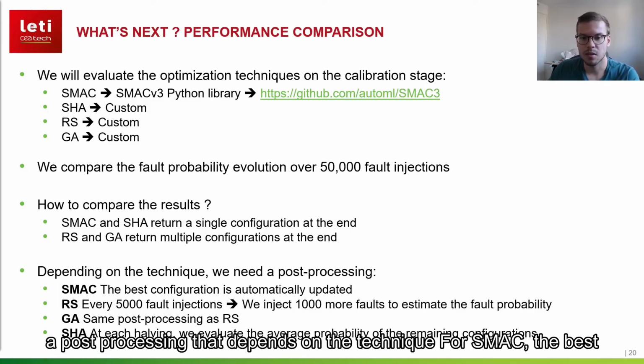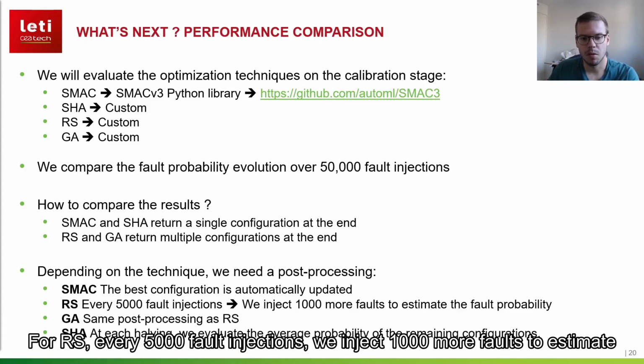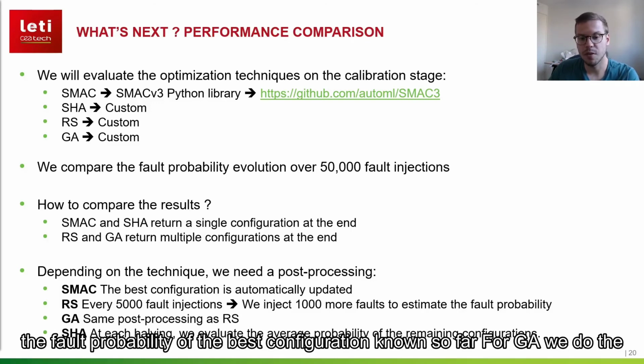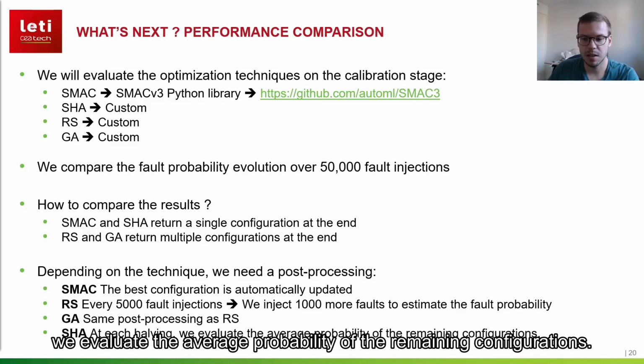For SMAC, the best configuration is automatically updated, so we don't need post-processing. For random search, every 5,000 fault injection, we inject 1,000 more faults to estimate the fault probability of the best configuration known so far. For genetic algorithm, we do the same as random search. And finally, for successive halving algorithm, at each halving, we evaluate the average probability of the remaining configurations.